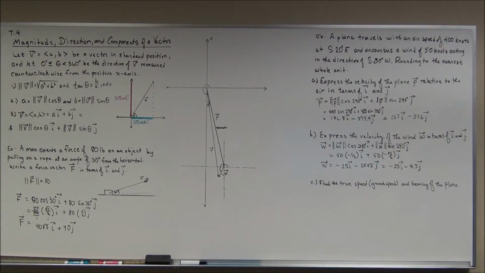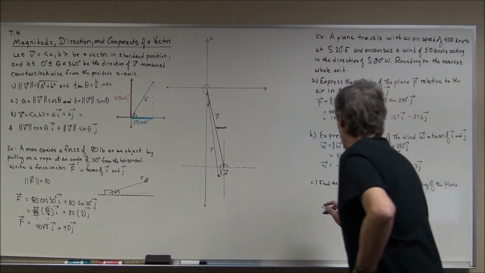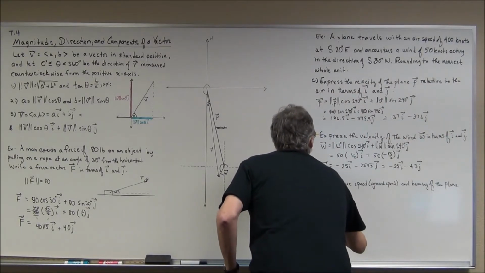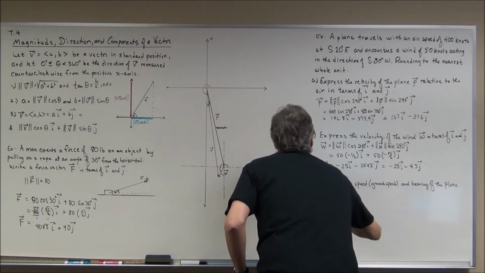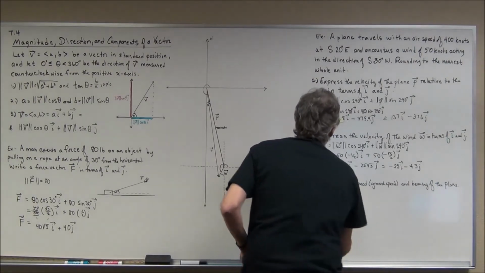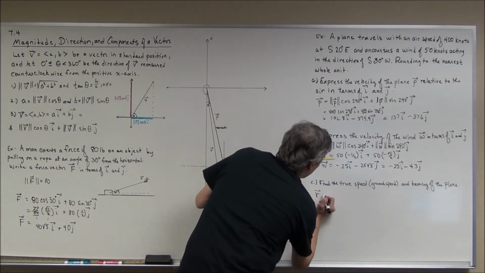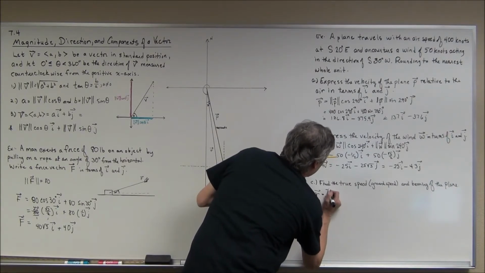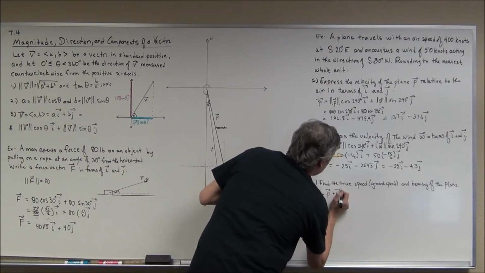It is. Now, to find the true speed of this guy, one thing at a time here. So this is going to be vector r is equal to vector p plus vector w.